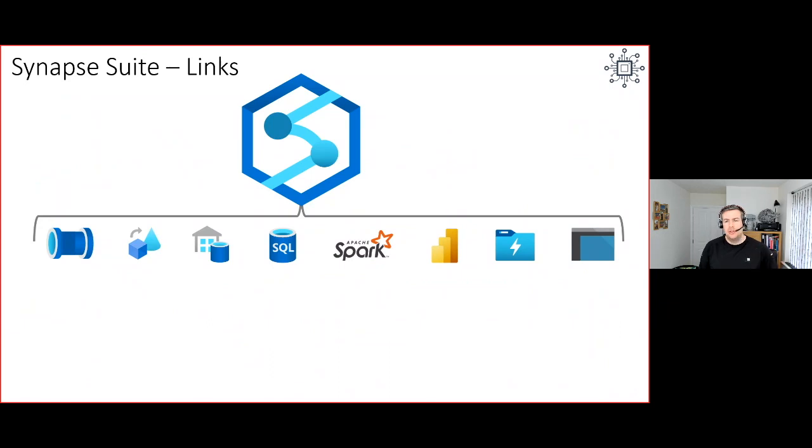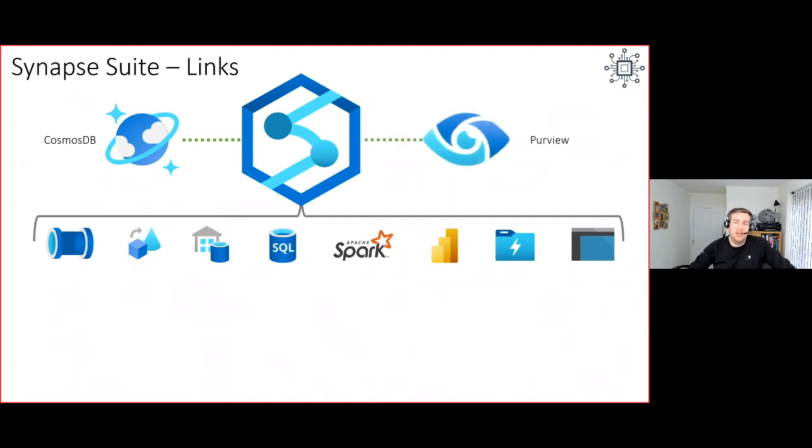But then I just want to call out a couple of links that we get here as well. The first one being Cosmos, which I think is the next talk you're probably about to see as part of this conference. So we get that HTAP type concept that I'm sure you'll hear about. Synapse Link for Cosmos is definitely a nice feature.